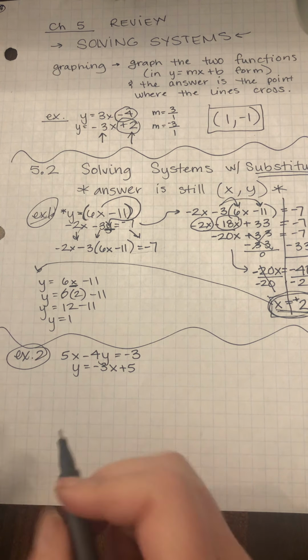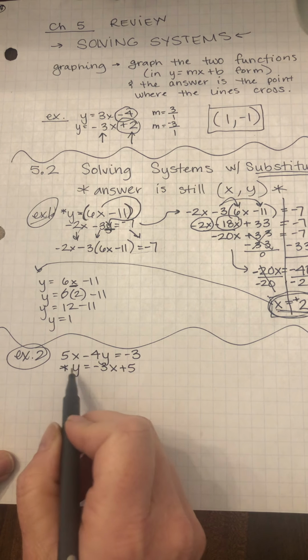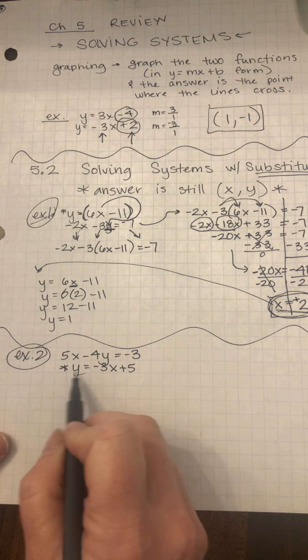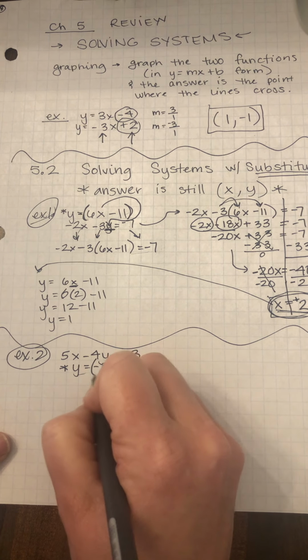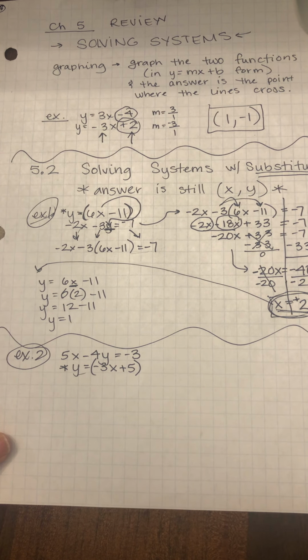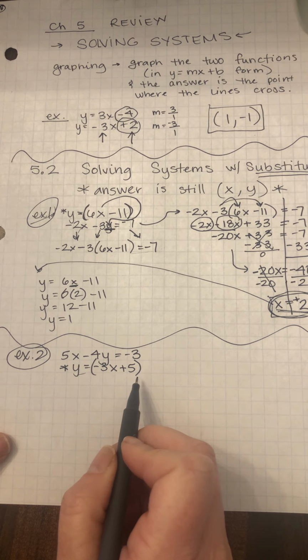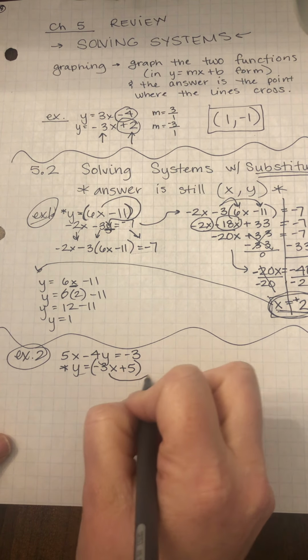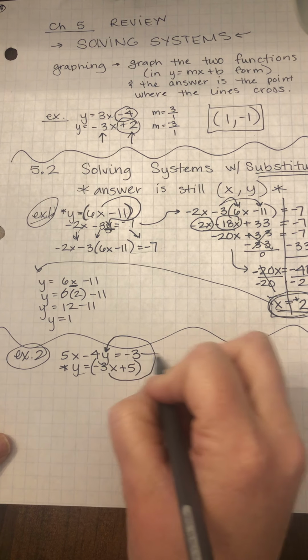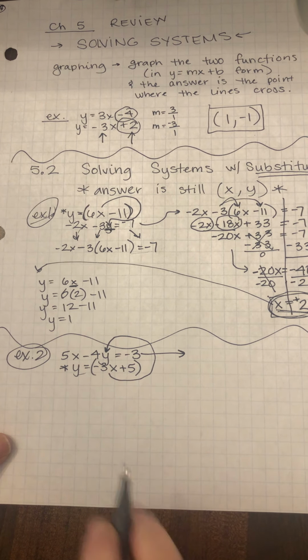Okay, so I'm going to start with the second equation this time because it's the one with y equals, right? It's the one with a variable all by itself. And I'm going to put the parentheses around the rest of it. This is what I'm going to substitute in for the y in the other equation.